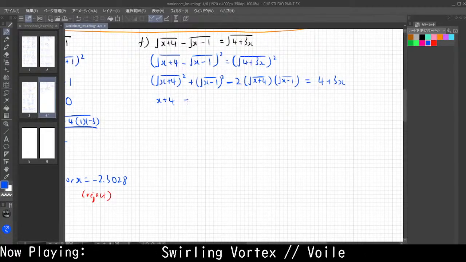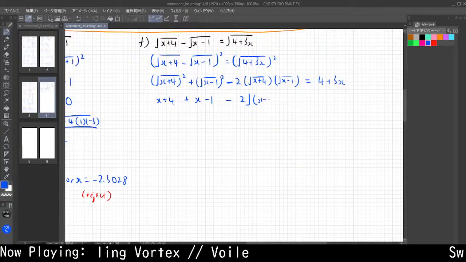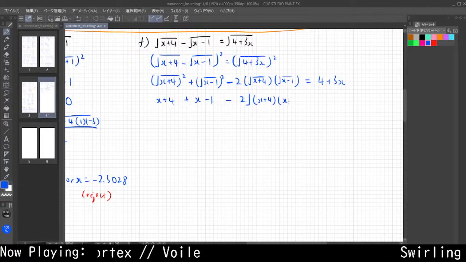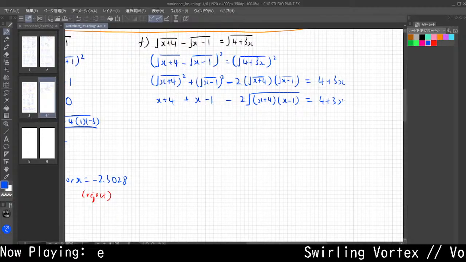Evaluate. Both have square root, multiply them, you get a square root.